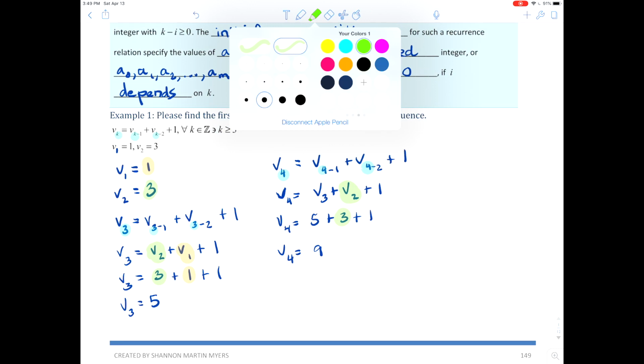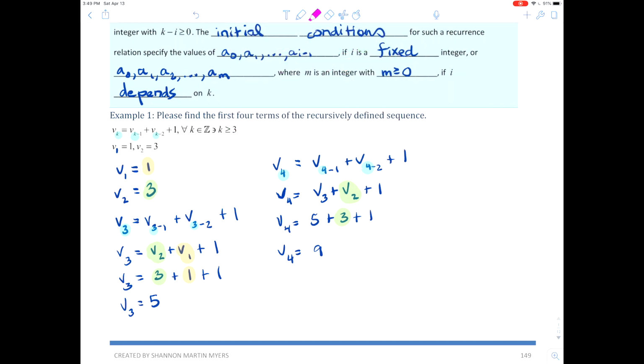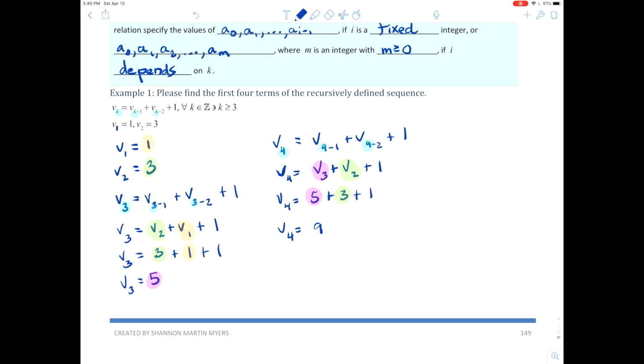And then our result for V3 had been 5. So in for V3, we put 5, and we got a result of 9. So if you want, you can list them. The first 4 terms are 1, 3, 5, and 9. Cool, cool? All right, very good.